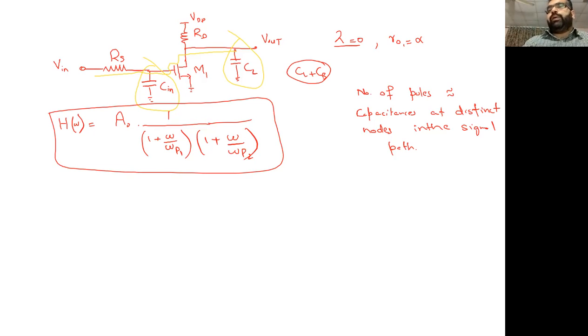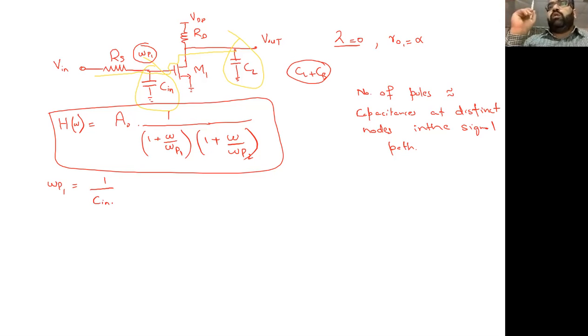ठीक है? तो हमारे पास दो poles हैं which we can see. So let's relate these omega P1 and omega P2. तो पहला कौन सा है? Let's talk about this. Say this is omega P1 node. तो इस पे capacitance क्या है? The capacitance is C in times something, that is an impedance.